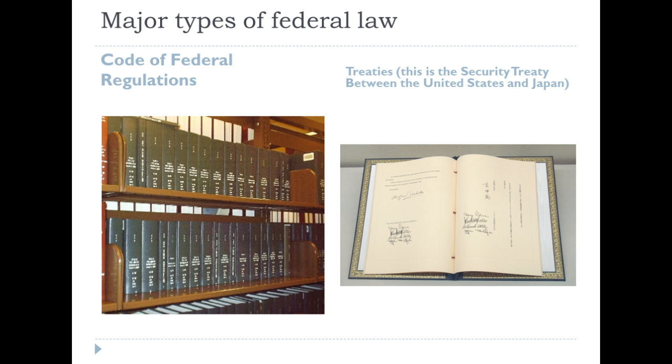The Code of Federal Regulations is also deemed to be federal law. These are very detailed regulations that are normally promulgated by a federal agency under a delegation of authority from the United States Congress. So they get into some very specifics, such as what are all the requirements that have to be met for a person to be eligible for welfare benefits, let's say.